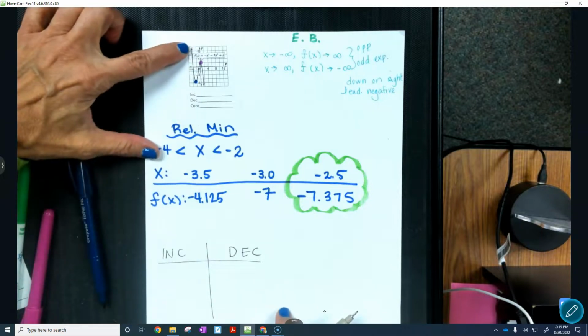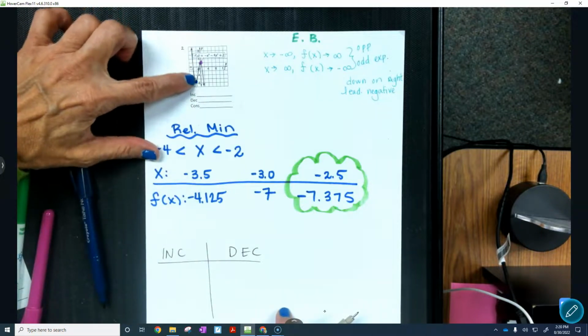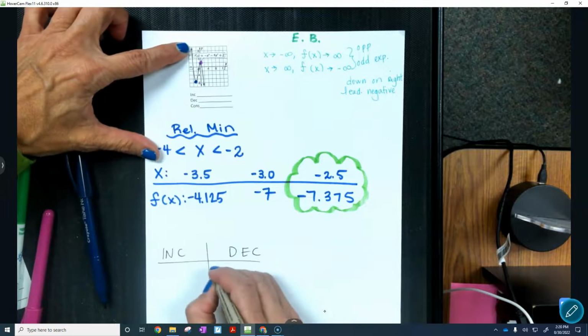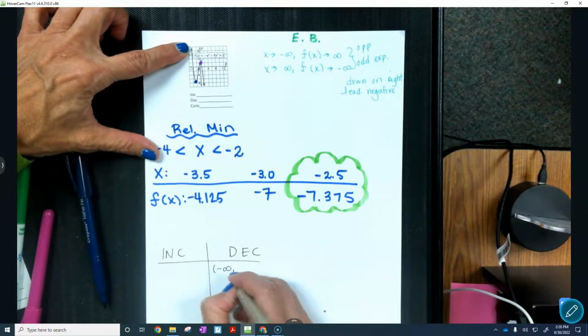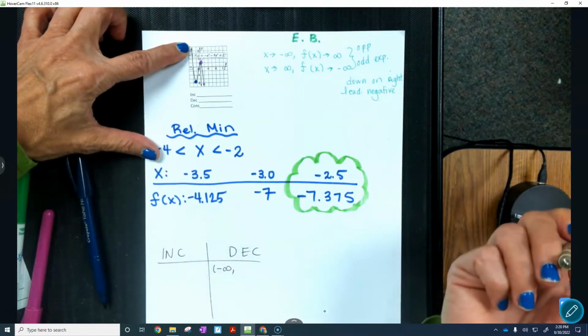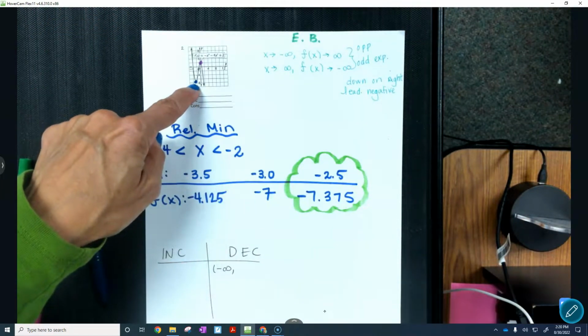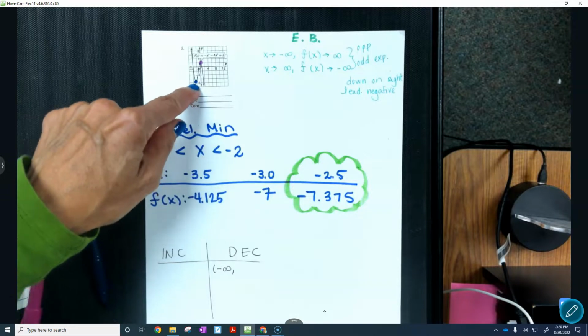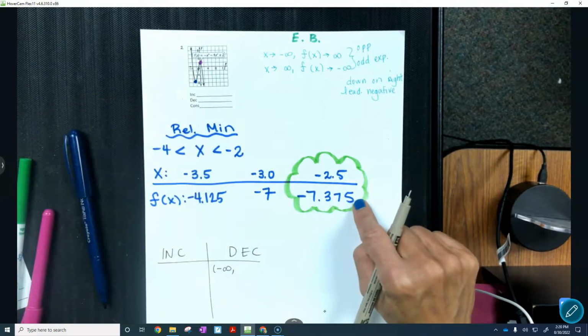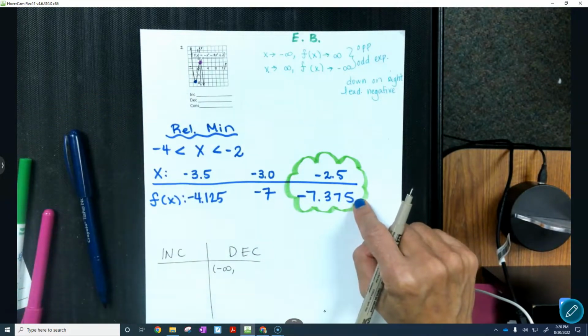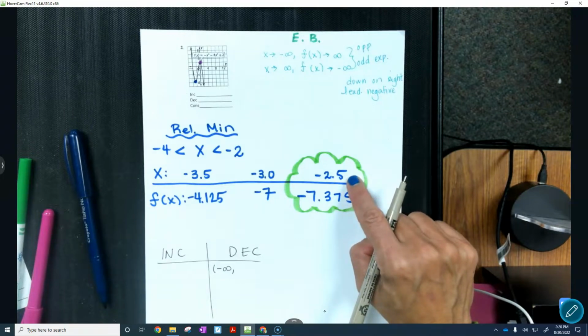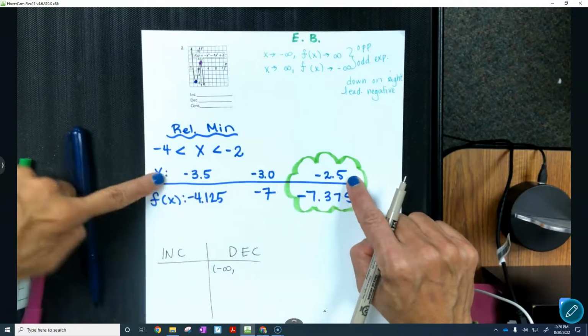I know that this graph is falling right here. So it's negative infinity. It's going down. It's decreasing. It's falling. All the way up to that ordered pair. And we figured out the lowest value of negative 7.375 is from negative 2.5. Remember, it's all about the x's.